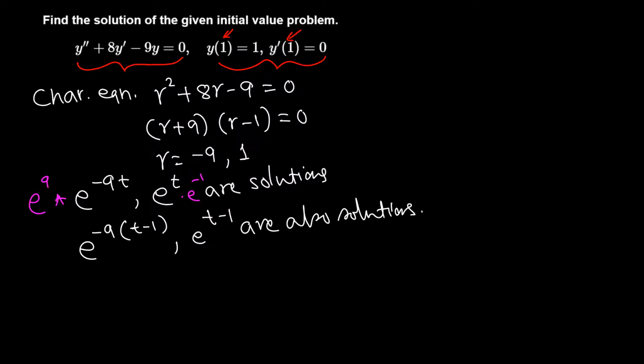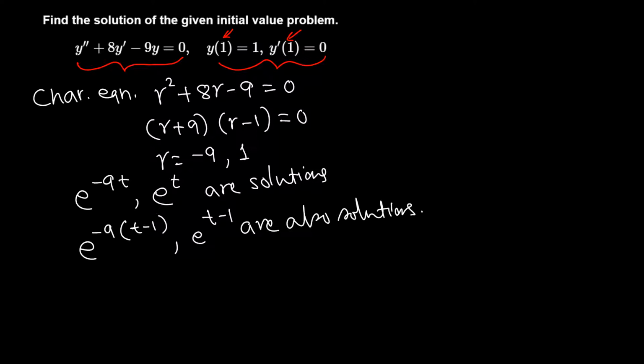This is valid because we are just multiplying these solutions by numbers, and by the principle of superposition, when we multiply a solution by a number, that's still a solution. Writing it this way, our calculations will be a lot easier later.